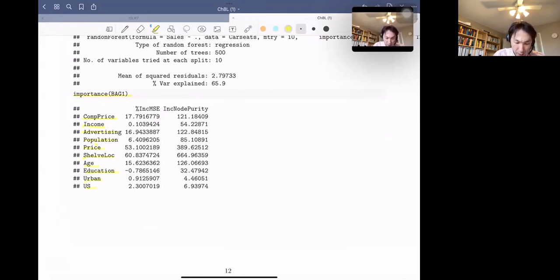You can see that we have two columns, and both of these indicate the importance of the predictors.